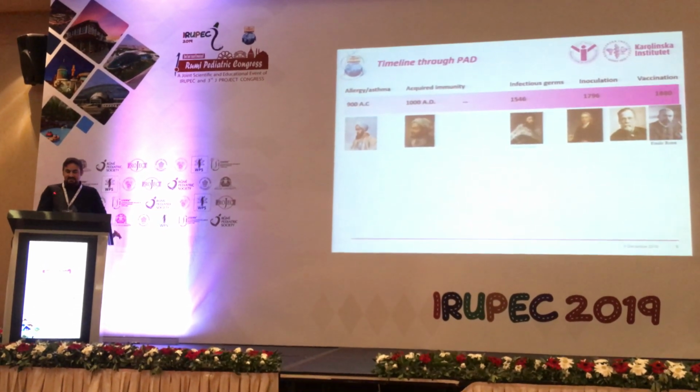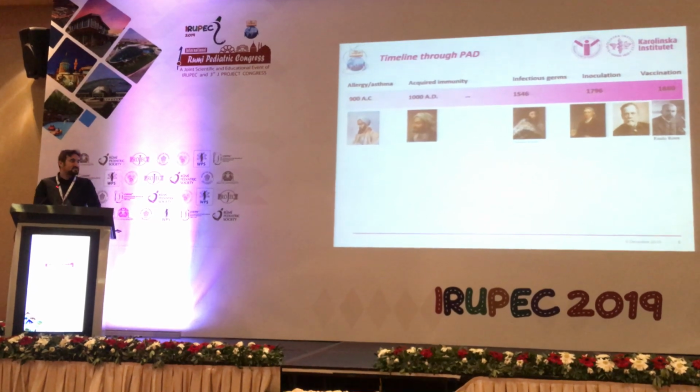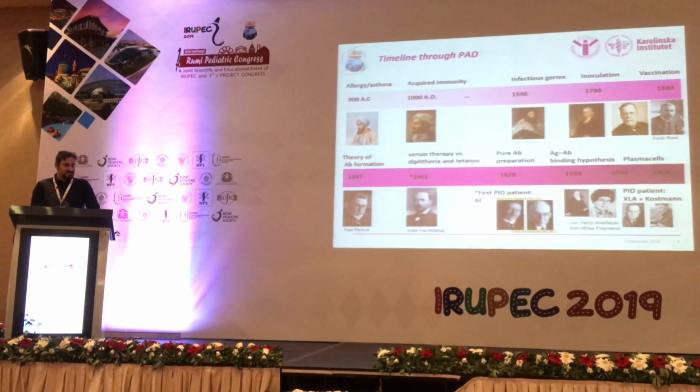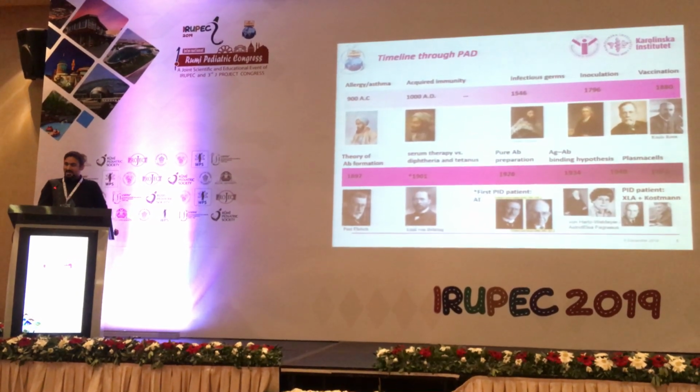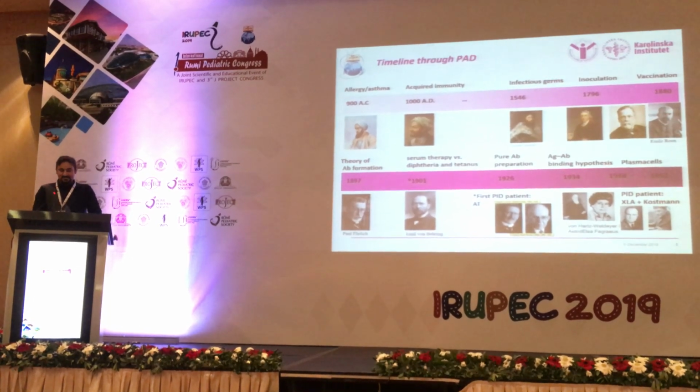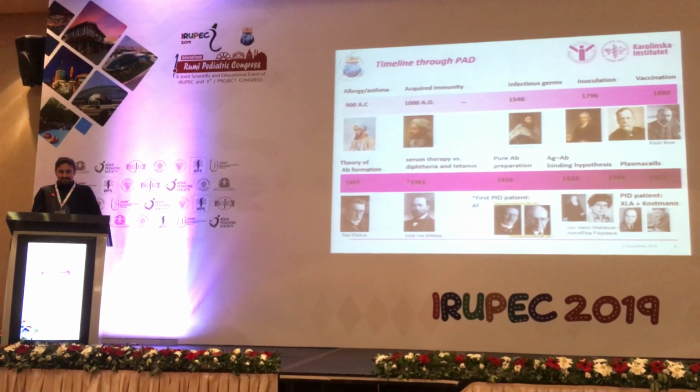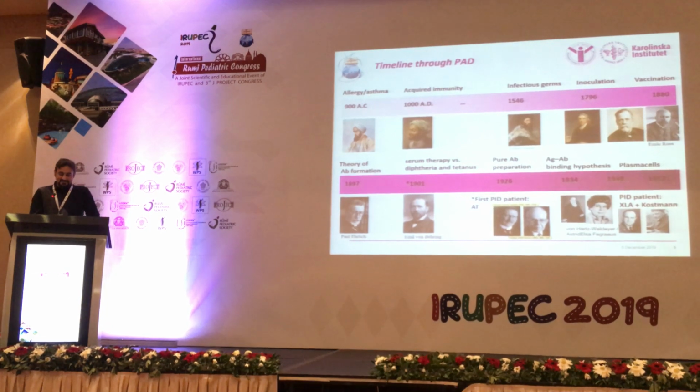But the part that I realize in the field is that the majority of people are a little bit unaware of the history, and actually history is one of my favorite topics, so let's start a little bit with how we came to this stage in antibody deficiency.